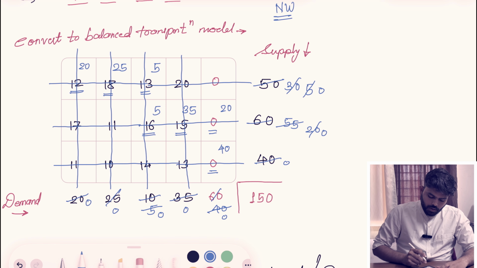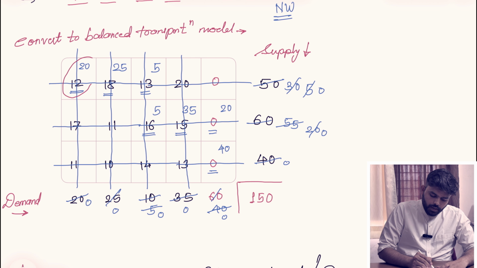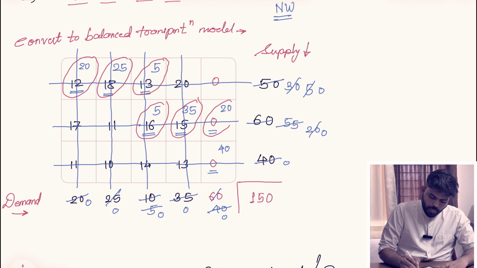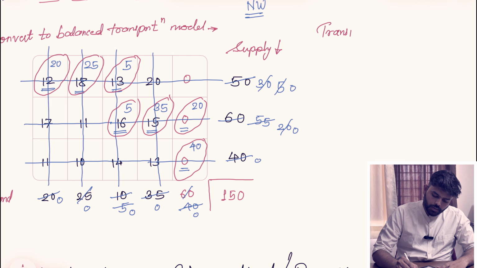So we have solved this particular problem by northwest corner method. Let us just identify the allocated values. So we have a total of 7 allocated values.